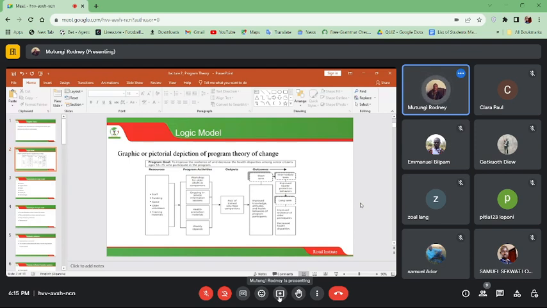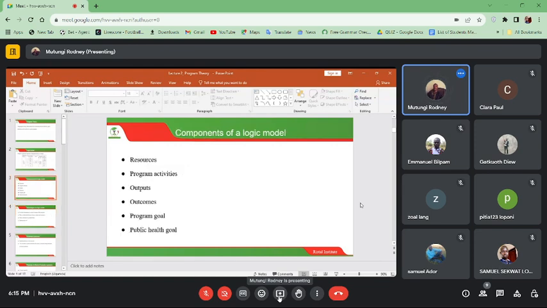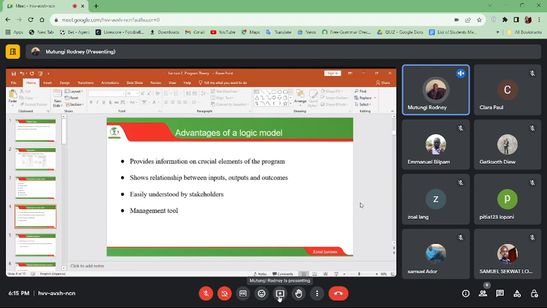Okay, so we shall realize that the advantages of this is that it provides information on the crucial elements of the program, which are these ones here: the resources, the program activities, outputs, outcomes, and then the goal. Then it shows that relationship as talked about earlier. Then through this logic model, we are able to appreciate first the stakeholders that are needed.